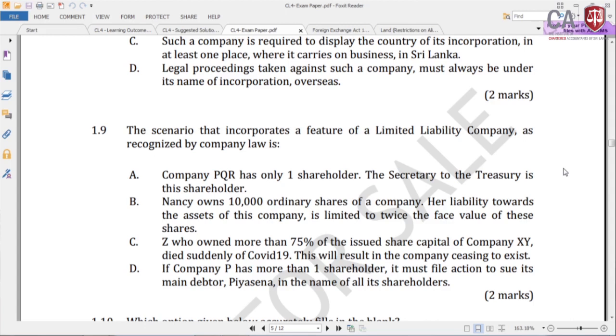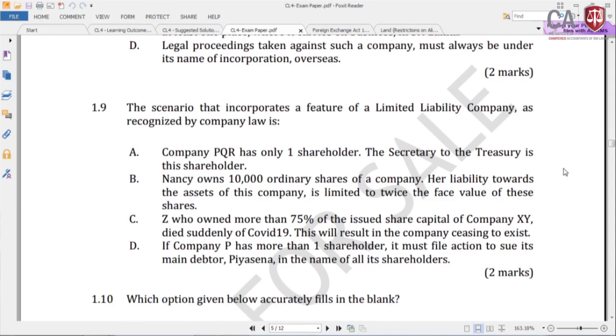No, that is wrong, because the company has its own personality, so the company does not file any legal action in its shareholders' names, because company P can sue anyone in its own name as company P. So therefore, D is wrong. So the correct answer is A as shown before.